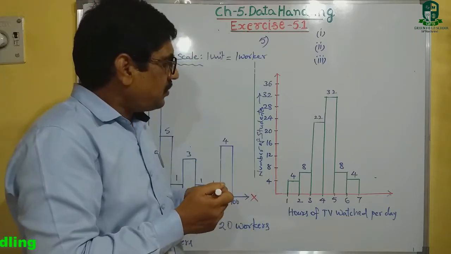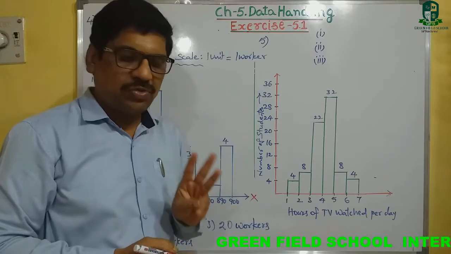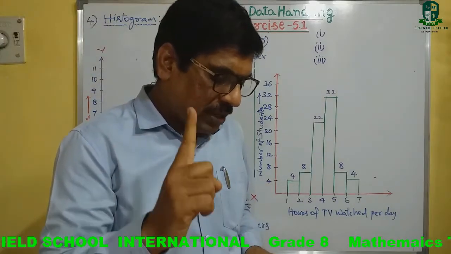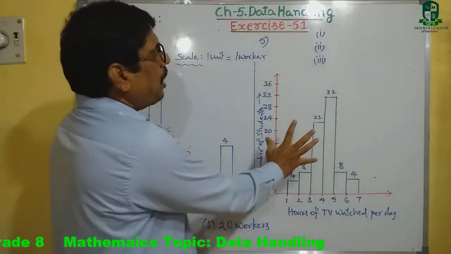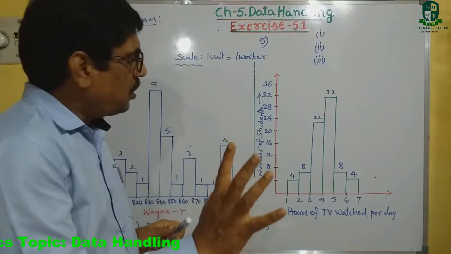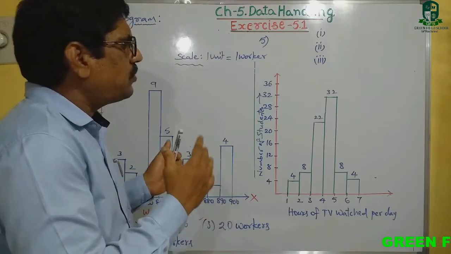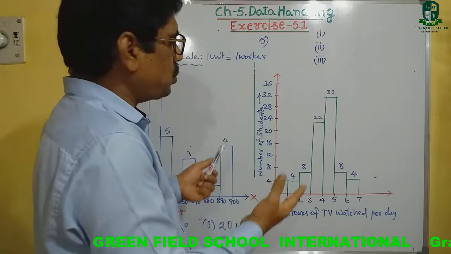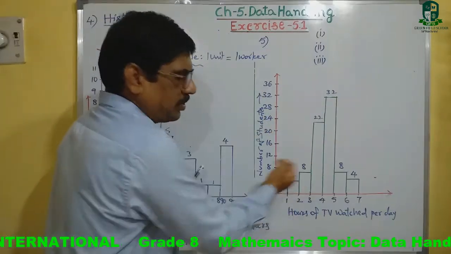Now by giving this information, he has been asking 3 questions. You have to answer those 3 questions. The first question is, for how many hours did the maximum number of students watch TV? By looking at this picture, can you tell me how many students are watching more? He's asking for how many hours did the maximum number of students watch.